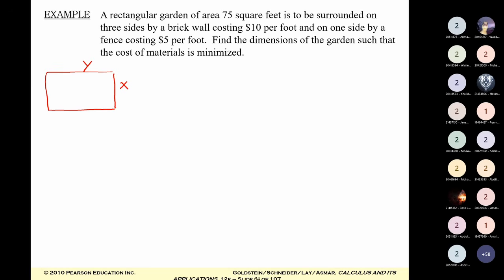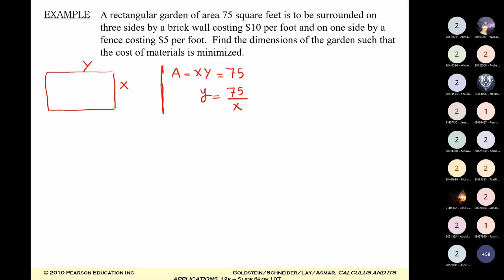So this is a fixed area, which means we can obtain the relation: area equals x multiplied by y, and this is the fixed 75. So we can obtain, for example, y equals 75 over x, by dividing by x on both sides.